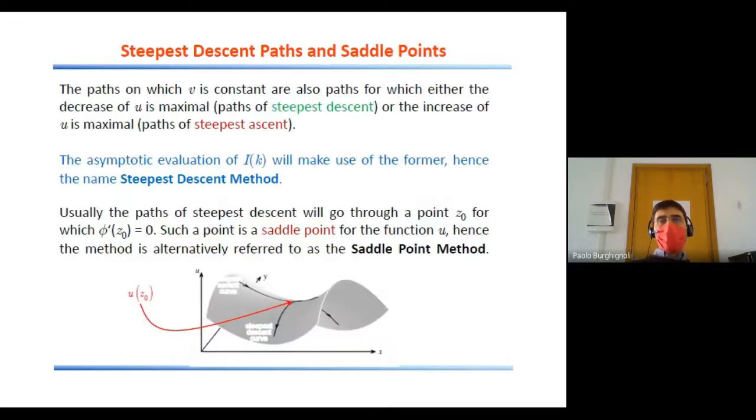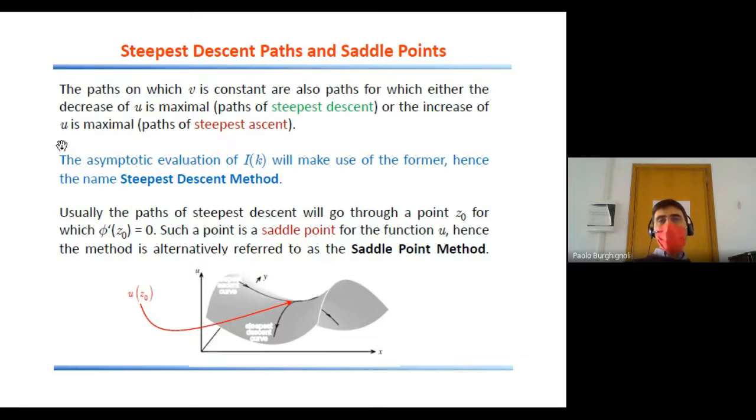Okay, now this motivates also the name of the method, since we will prove that those paths on which the imaginary part v is constant are also paths for which the variation of the real part is maximal, so it can be in that case we will call of steepest descent, or it may increase, and in that case the path will be a steepest ascent path.